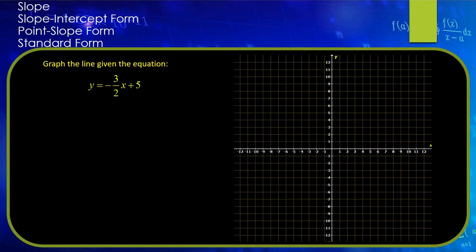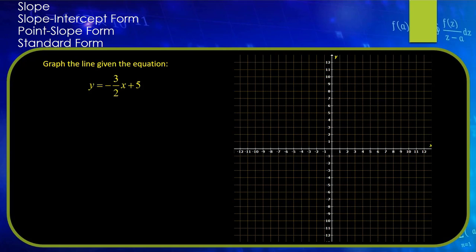Okay, so this one is pretty straightforward because it is in slope-intercept form. That means I know that this negative 3/2 is the slope, and this is the y-intercept. To use the slope to find subsequent points, I need a point that the line already passes through.